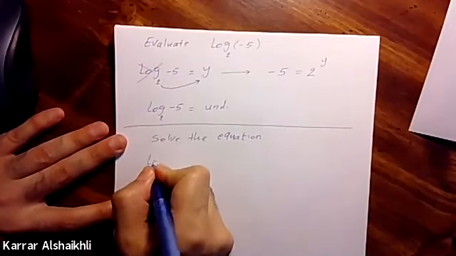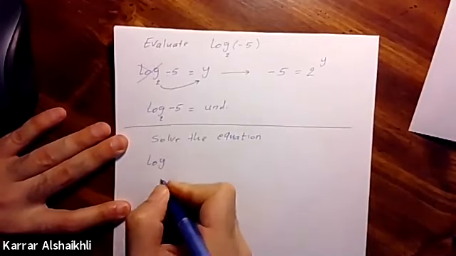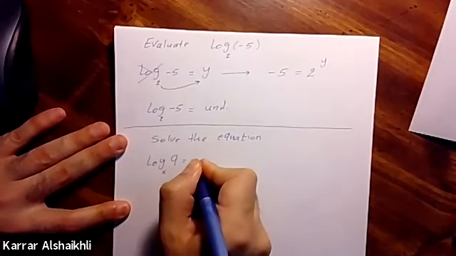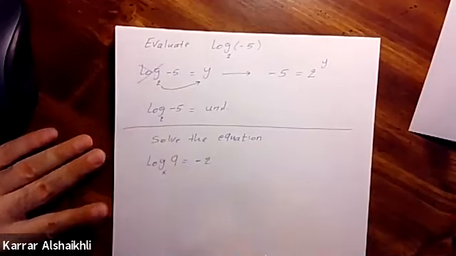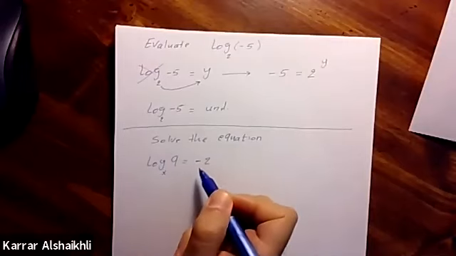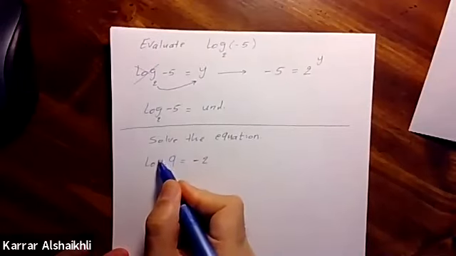So log to the base x of 9 is going to be equal to -2. That's the only thing they're going to ask you: solve the equation. They're not going to tell you, be careful, this is a logarithm equation. You're going to know it's a logarithm equation because there is a log here.